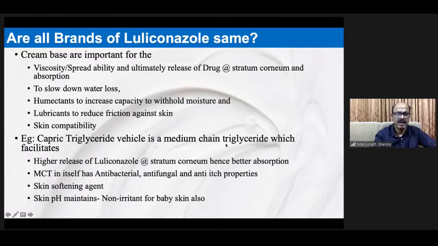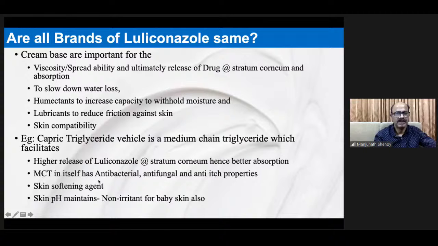Now, this medium chain triglyceride itself can have antibacterial, antifungal activity. It has an emollient-like effect, so skin softening, and also maintains the pH, which is an important issue because I was discussing topical steroid abuse, which can also impair the cutaneous functions. Skin functions can be disturbed by the usage of topical antifungals.